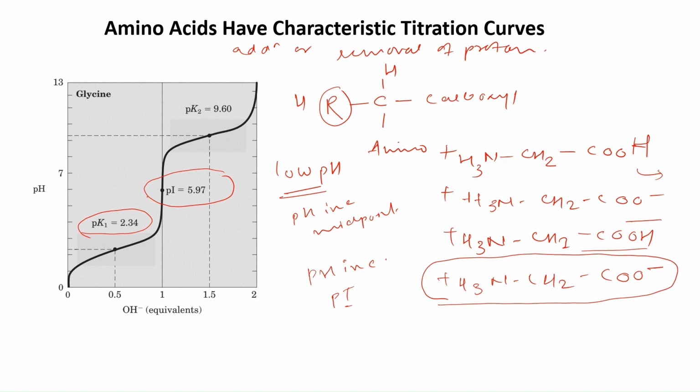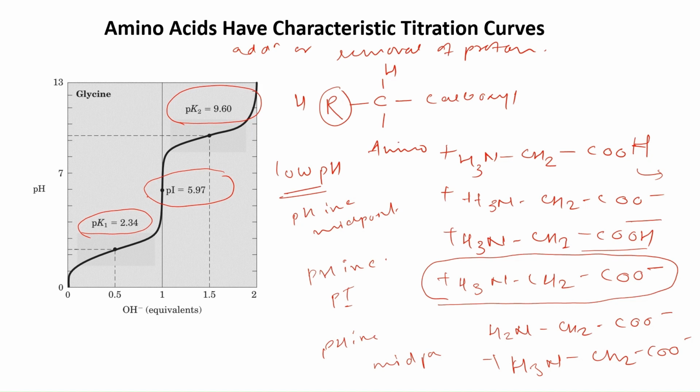Now as the pH increases further, this NH3 plus will start donating protons and a midpoint will come when half of the NH3 plus has donated protons and half is about to donate protons. So those who have donated protons will be in this form and those who are about to donate protons are still in the Zwitter ion form. And this pH is pK2, which is 9.60 for glycine.